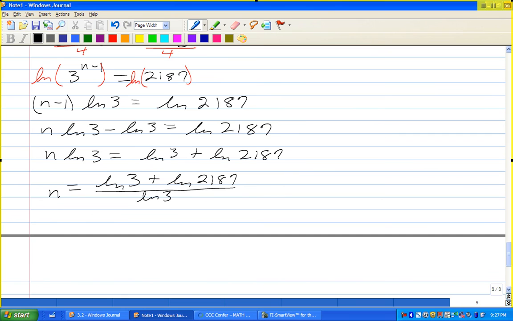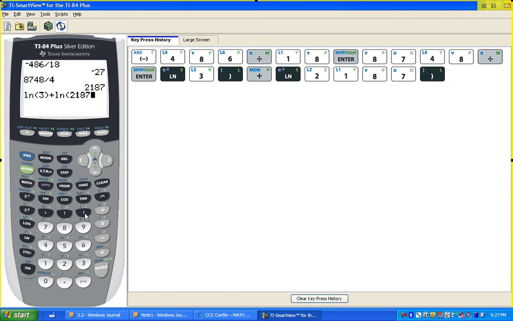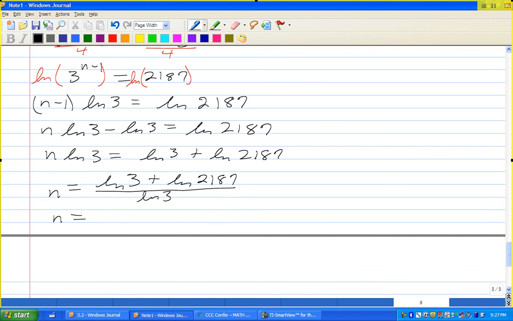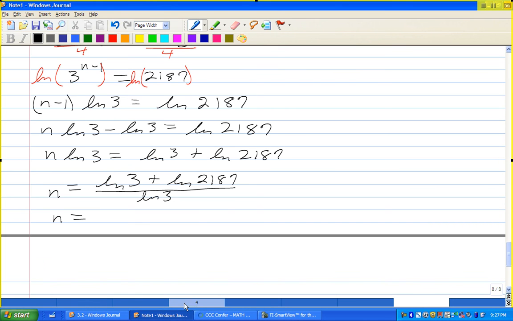And so let's simplify that: ln 3 plus ln 2187, and then divide everything by ln 3.